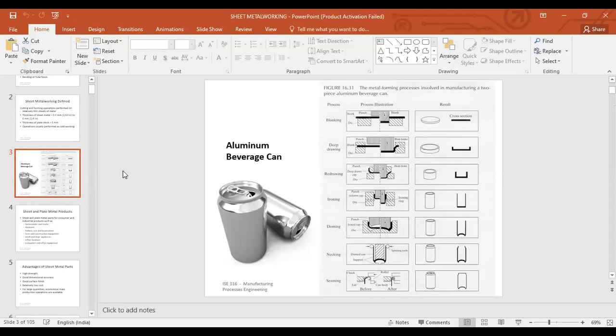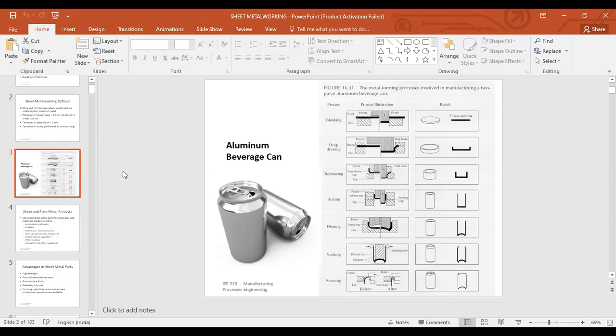I need you to look at the different processes that we have: blanking, deep drawing, redrawing, and ironing, basically making that wall thickness consistent, and doming, necking.